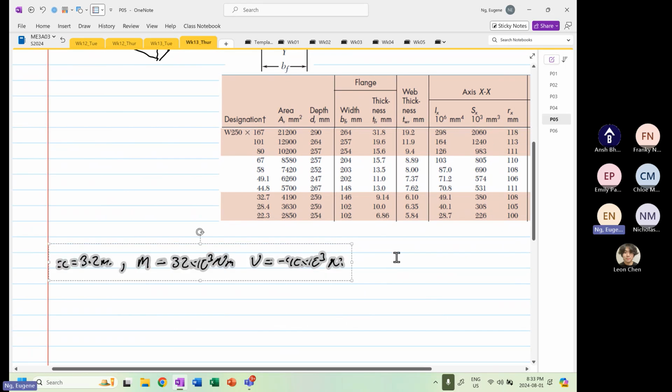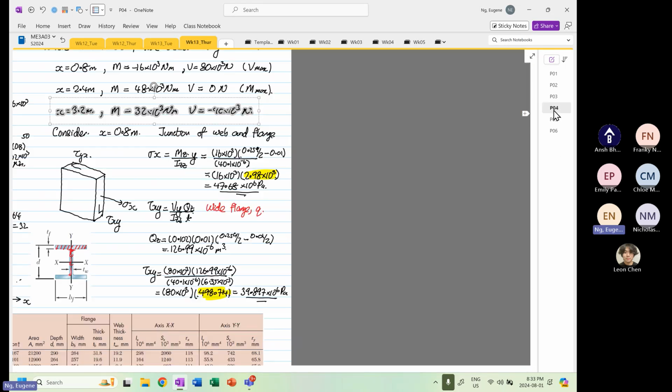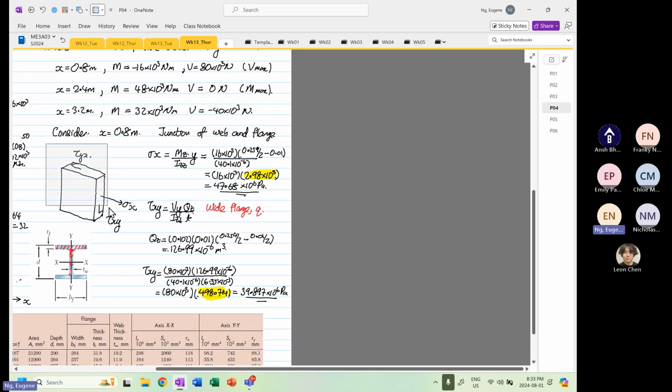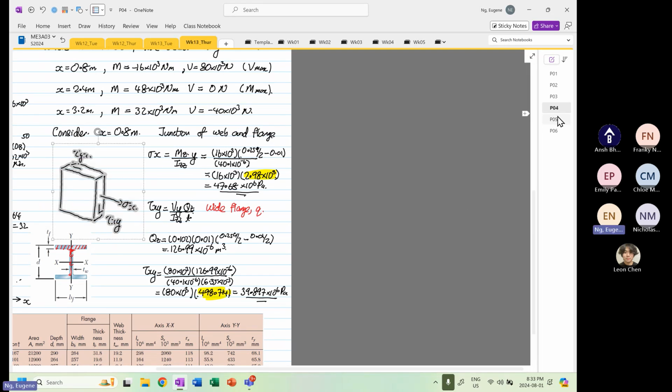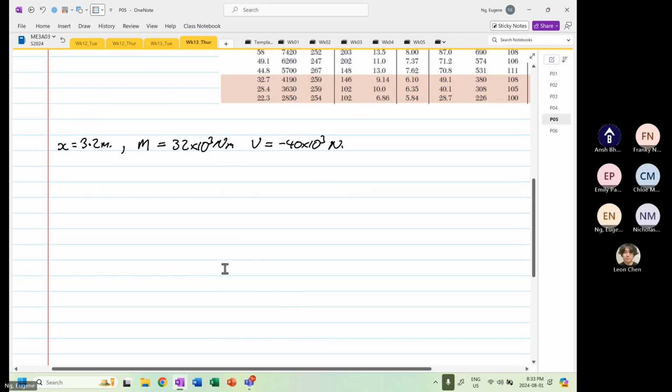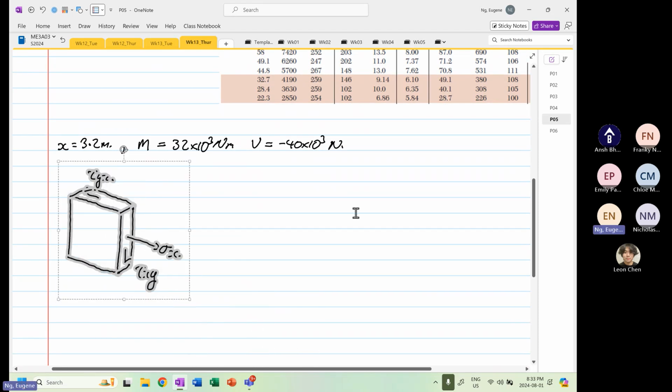shear also, right? So again, what we're trying to identify is we know the loading is under this configuration. So from here, we know that stress X, all you need to do is take the 32 times 10 to the power 3.